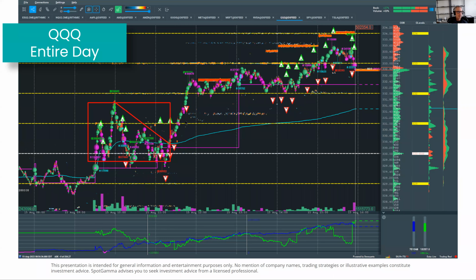Trend break, and then the move higher. So that's how the day played out. And again, it did play out as expected, lower volatility with a bullish bias.